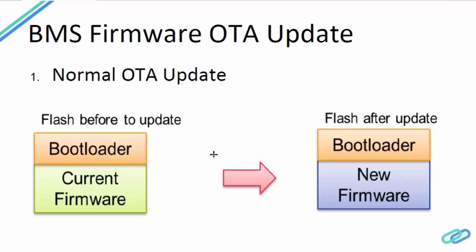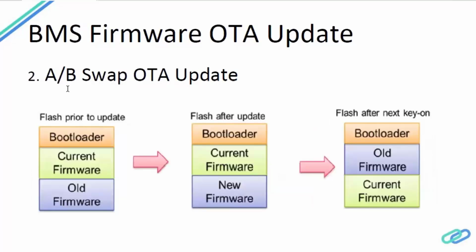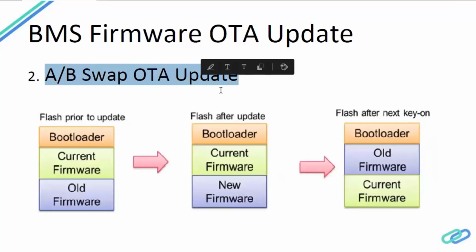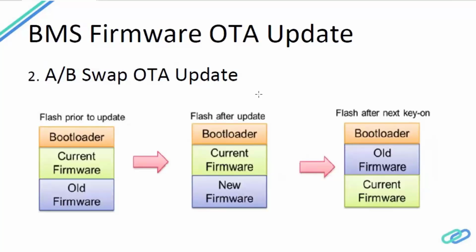So you can't wait for that. Maybe you want to go somewhere with your electric vehicle and you are waiting for the update to finish. This is not a flexible way to update electric vehicle firmware, so mostly we use the A by B swap OTA update.